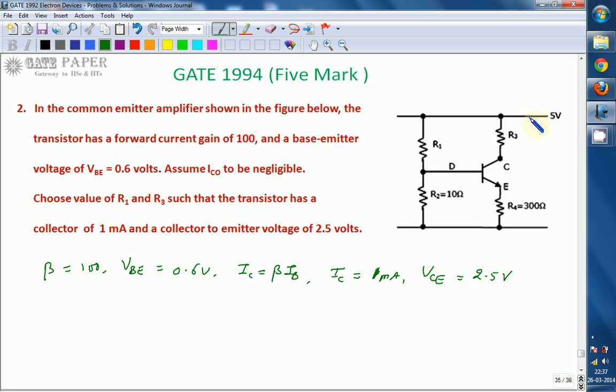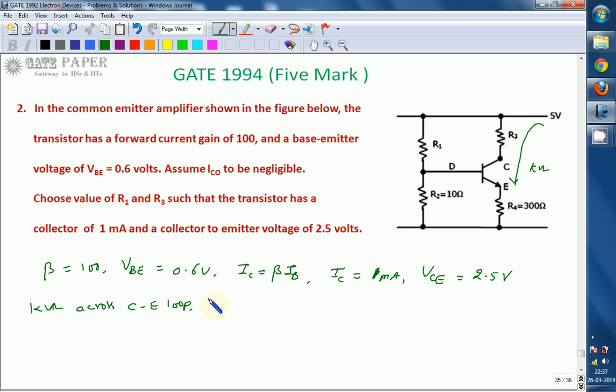R3 can be calculated if we write KVL across the collector emitter loop.